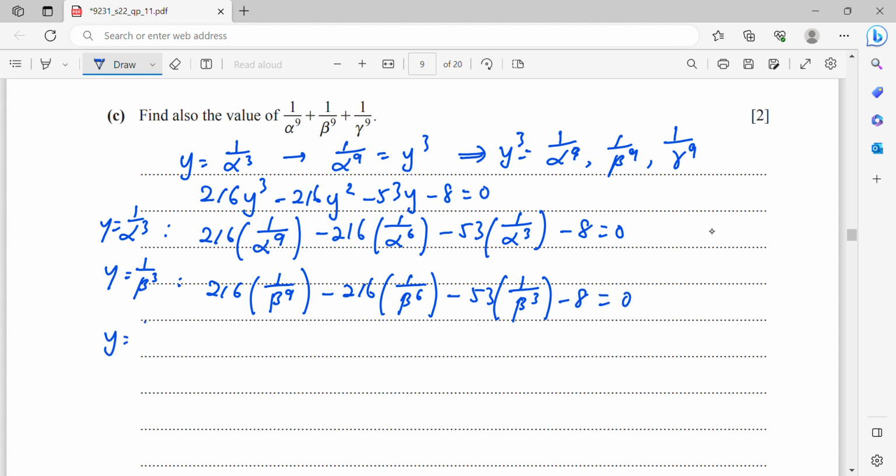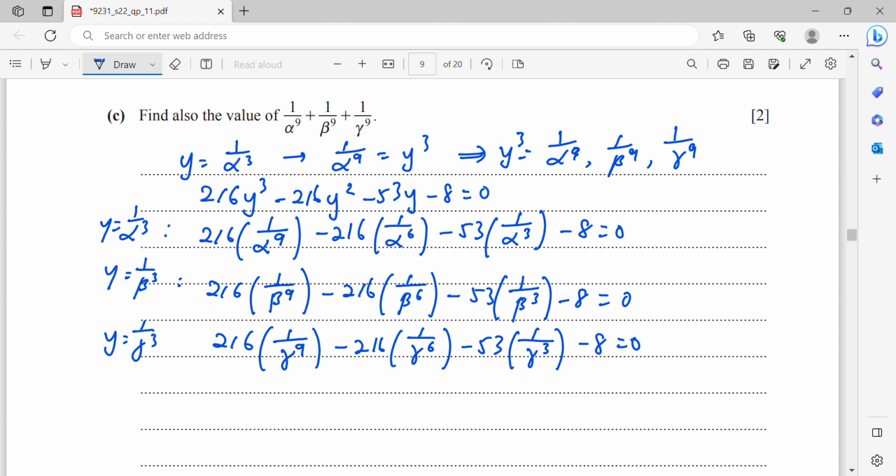And when y equals 1 over gamma cube, I will get 216 times 1 over gamma degree 9, minus 216 times 1 over gamma degree 6, minus 53 times 1 over gamma degree 3, minus 8 equals 0. Now I label these three as the first, second, and third equation.